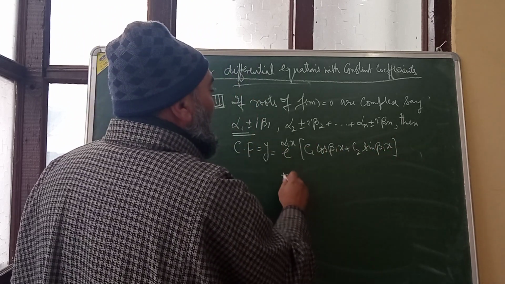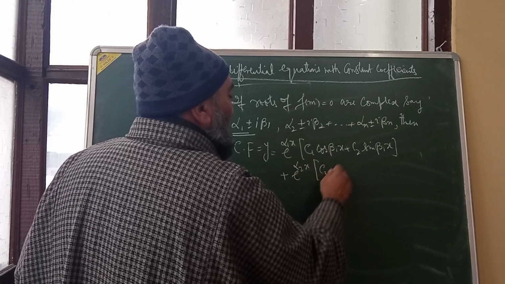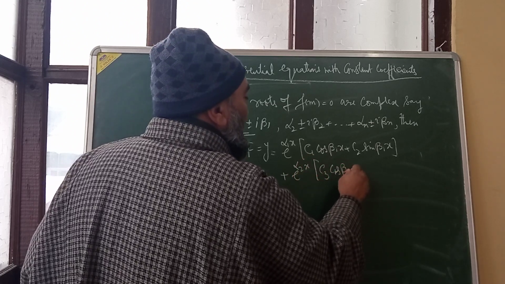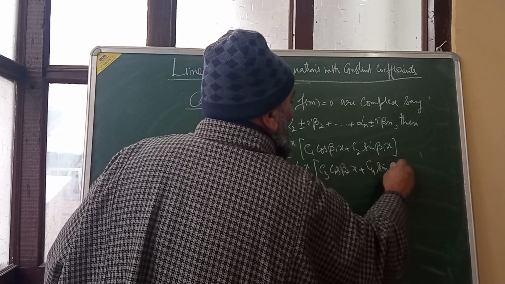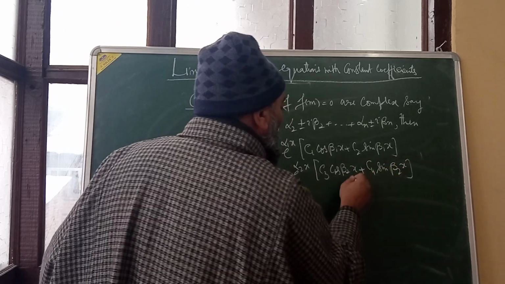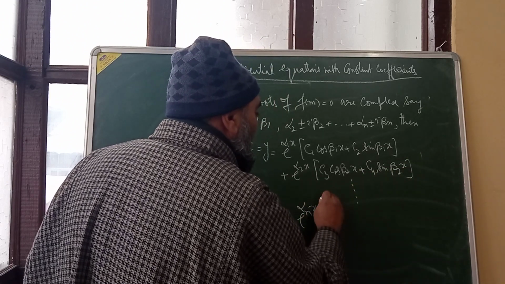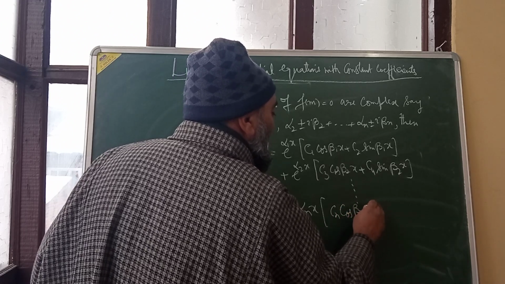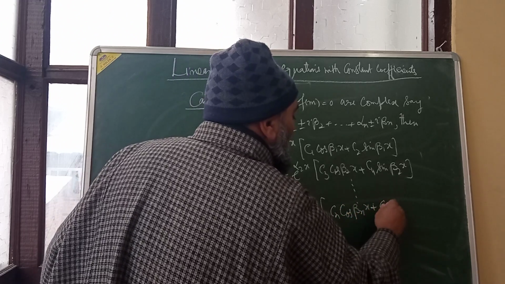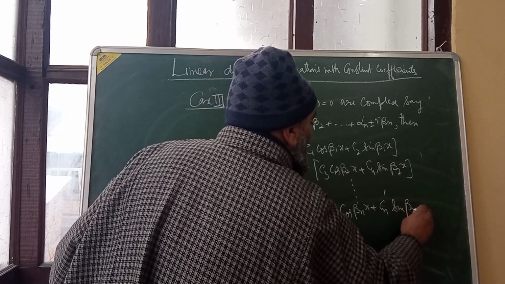Second one is e to the power alpha 2 x, (C3 cos beta 2 x + C4 sin beta 2 x), and so on, e to the power alpha n x, (Cn cos beta n x + Cn dash sin beta n x).